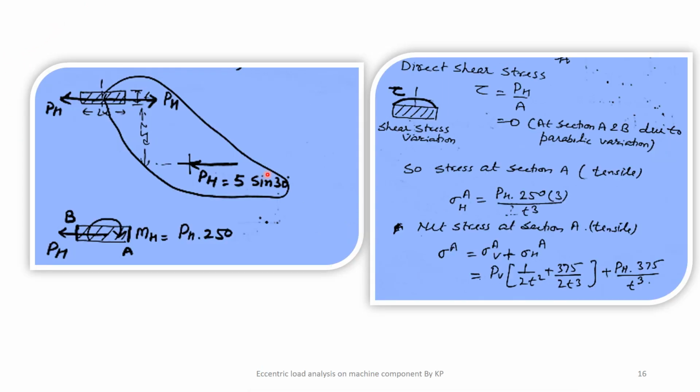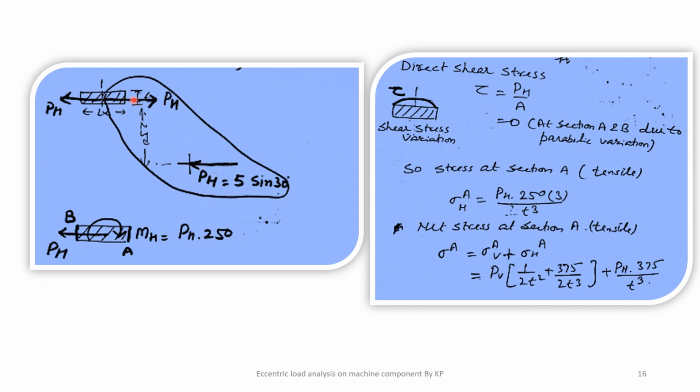Now in this slide we have considered the effect of the horizontal force. The horizontal force is PH, whose value is equal to 5 sin 30, and this force is acting in the negative x direction. Again this is the cross section, and we have to see the effect of this force on this cross section. We do the same procedure here. We apply two forces which are equal and opposite, whose value is equal to PH.